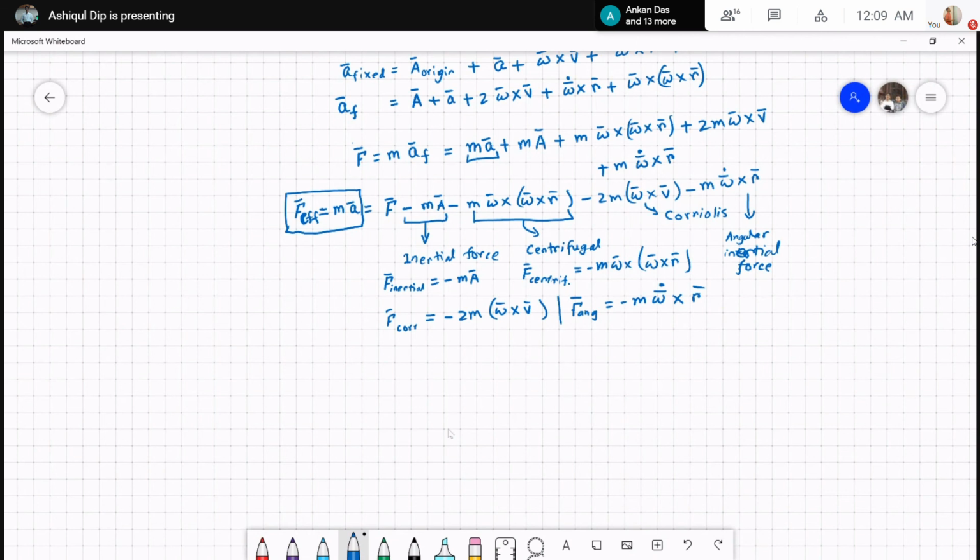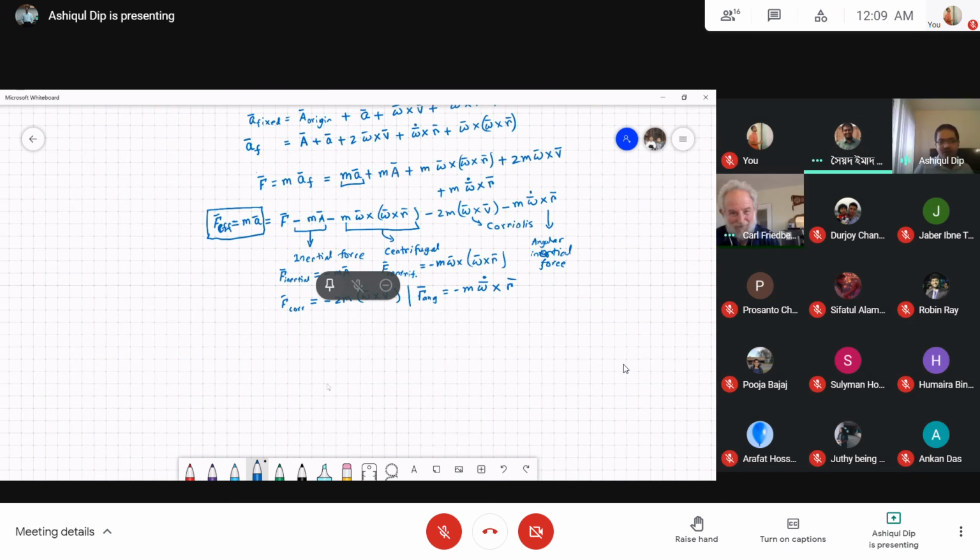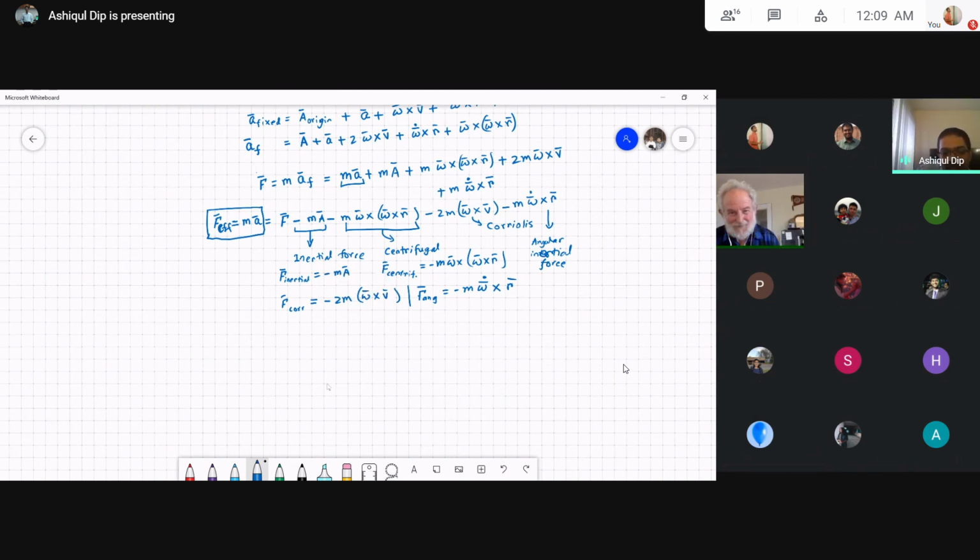But isn't that unnatural, since we are trying to write F equals m something? No. Look, we are comparing the real force with the fictitious force.